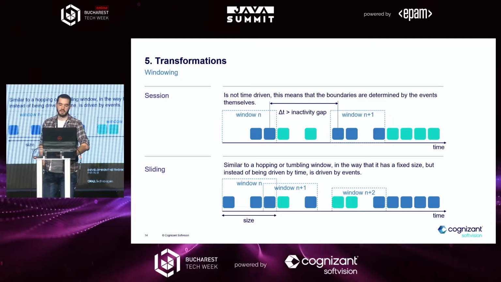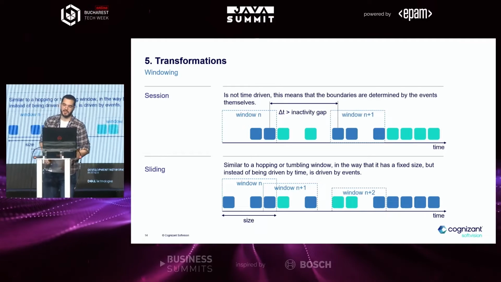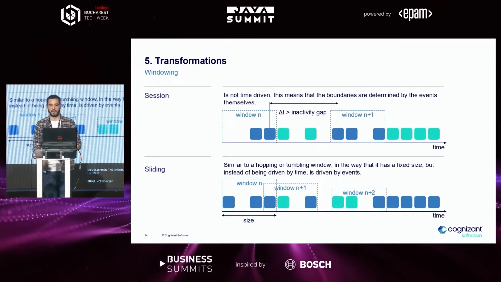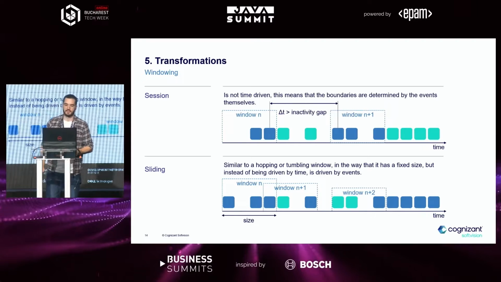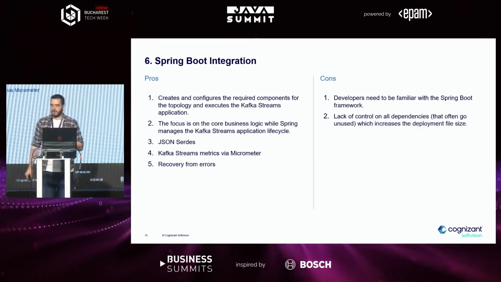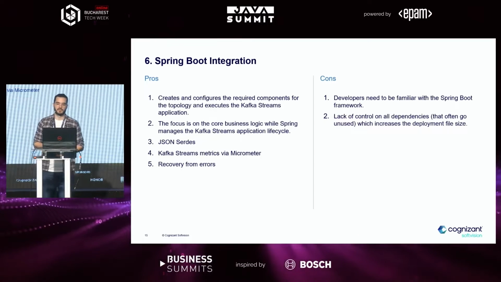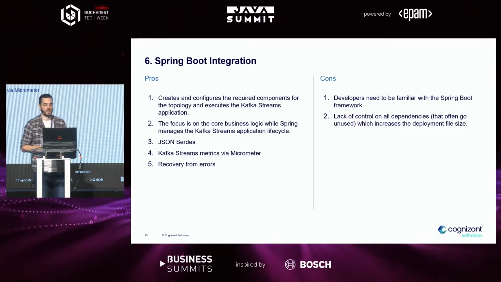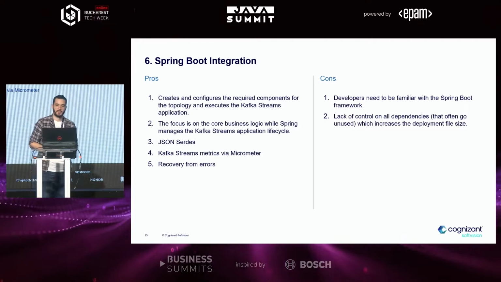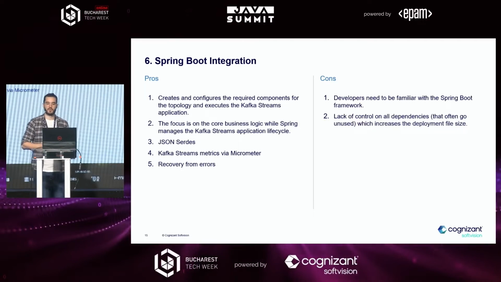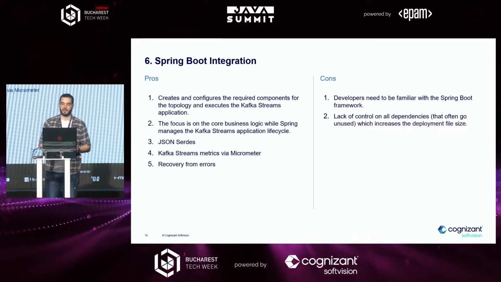Now that we covered the basics of Kafka Streams, let's view some of the pros and cons of integrating it with Spring Boot. The most important benefit is that Spring Boot creates and configures the required components for the topology and executes the Kafka Streams application. This allows us to focus on the core business rather than the application lifecycle.